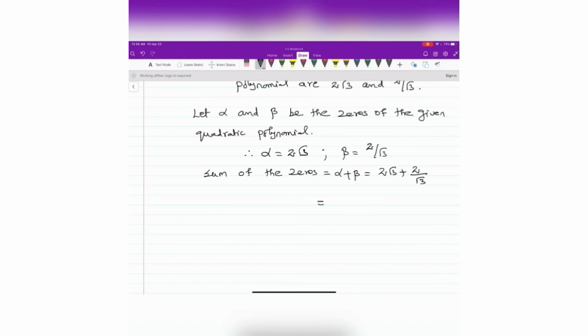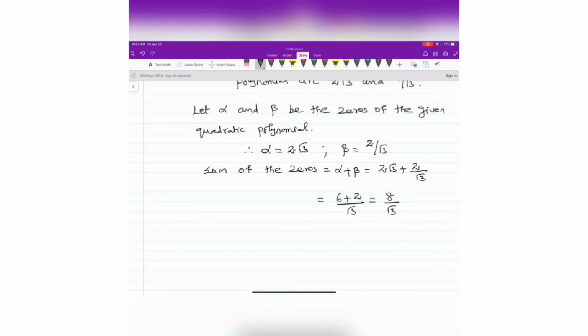This is equal to, when I take LCM, 6 plus 2 by root 3, which is equal to 8 by root 3. Let me mention the quadratic polynomial here itself. Root 3 x square minus 8x plus 4 root 3. We can write this as minus of minus 8 by root 3.